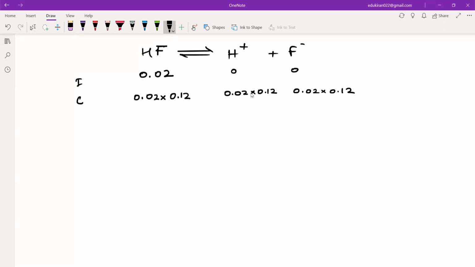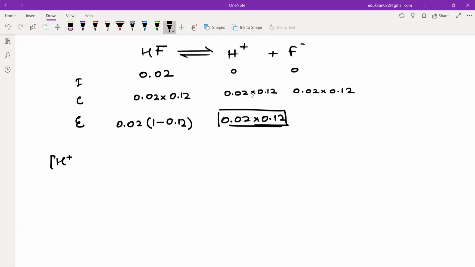So at equilibrium, this is the concentration, 0.02 into 1 minus 0.12. The concentration of H plus is 0.02 into 0.12, right? So this is the concentration that we need. The concentration of H plus will be equal to C alpha. C is 0.02 into the alpha is 0.12.